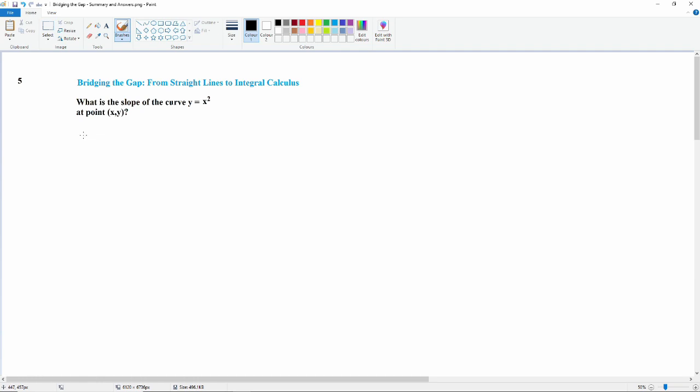So the derivative dy by dx, and we know y is equal to x squared, so we're taking the 2 across, so the 2 comes down and then we're subtracting 1, so that's just 2x, or 2x to the power 1.